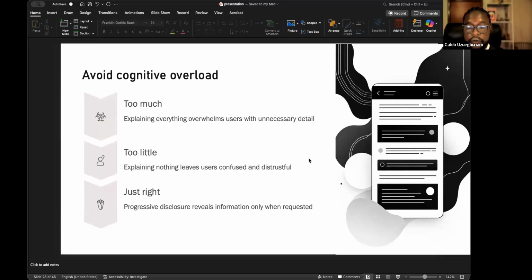Showing citations for every answer an AI creates is important, whether the user asks for it or not.